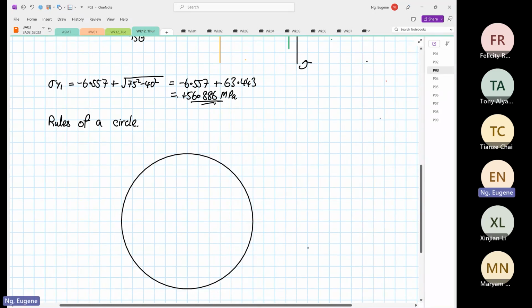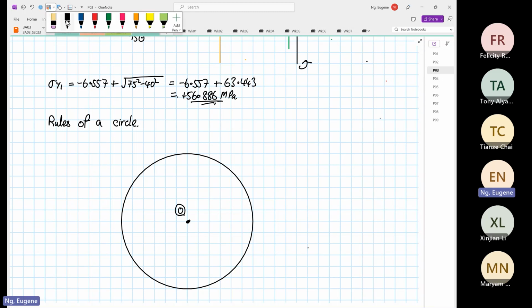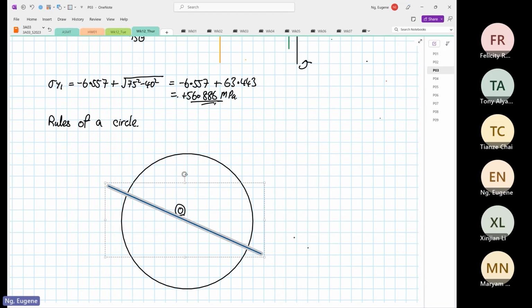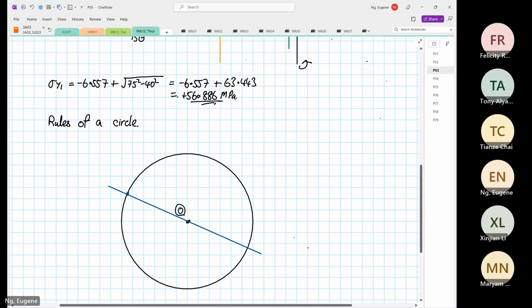And this is the center of the circle, which we call O. And we are going to draw a line, or you can draw a line also, at any angle. So I decide to pick this angle over here. It has to pass through the center of the circle. So this is point A. Over here, where we intersect the side of the circle is my point B.